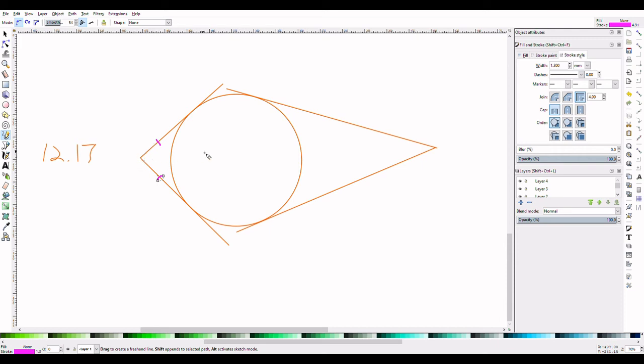And the way you show this is actually quite ingenious. So tangent lines go to the radius, and they're going to form right angles, of course.